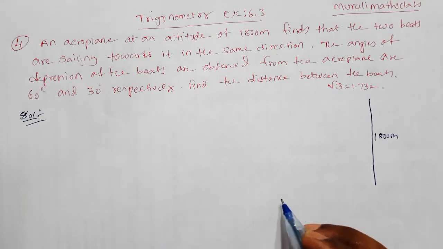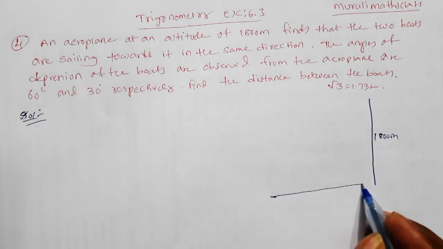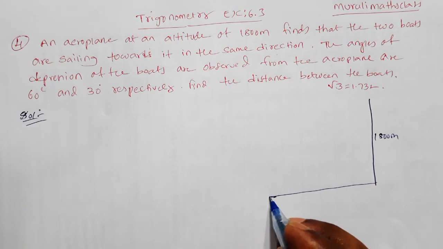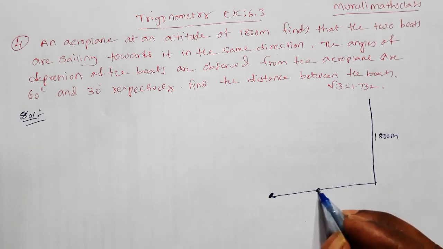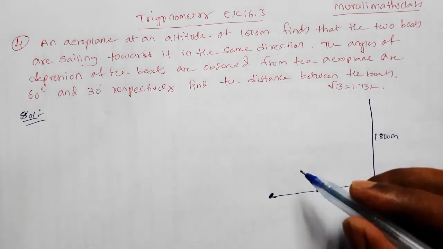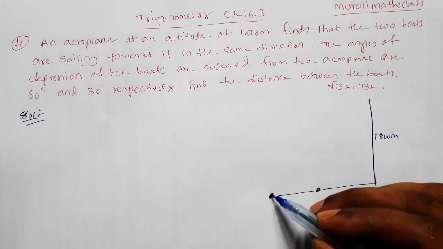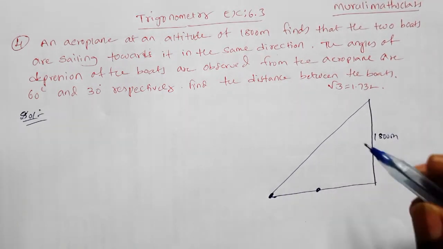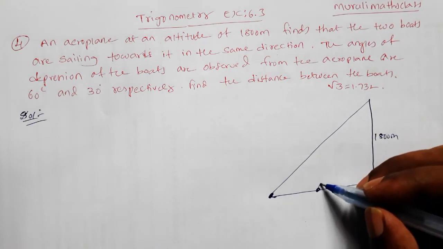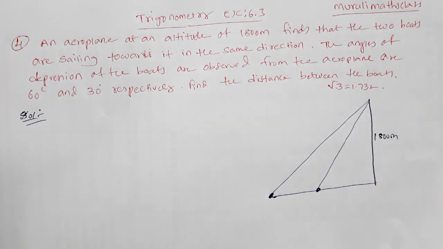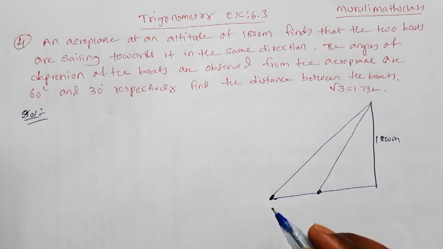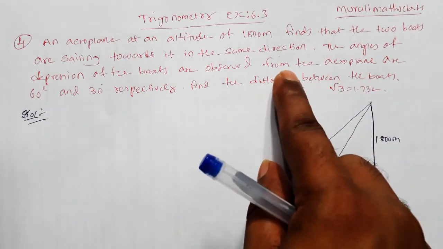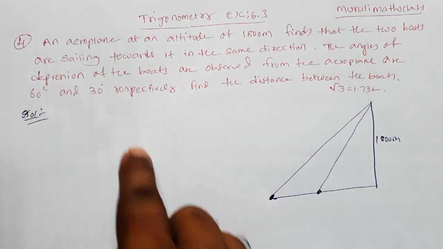Let us draw one line like this. Let us think that one boat is here and one more boat is here. This angle of depression they gave. The angles of depression from the aeroplane are 60 degrees and 30 degrees.